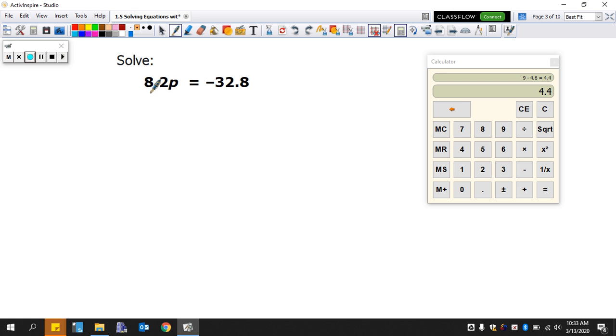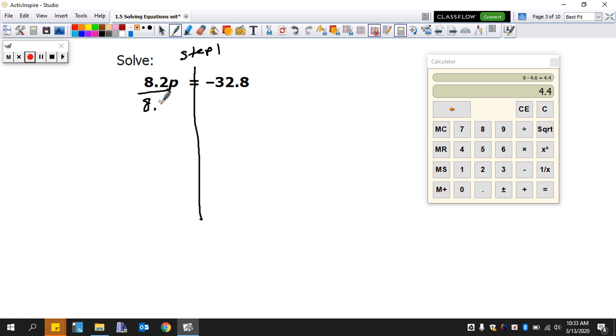This is a multiplication problem. First step, step one is draw our line. Step two is to use inverse operations. So the opposite or the inverse of multiplication is dividing.